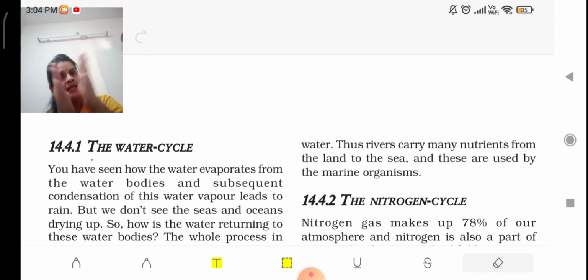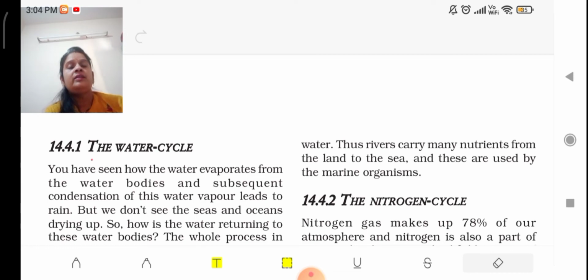Water vapor condenses and falls on the earth in the form of rain, and some of the water seeps into the earth and becomes underground water, and most of the water flows into the rivers and seas, like the Arabian Sea, Indian Ocean, Bay of Bengal and other water bodies, and again it evaporates. So this is a continuous process.